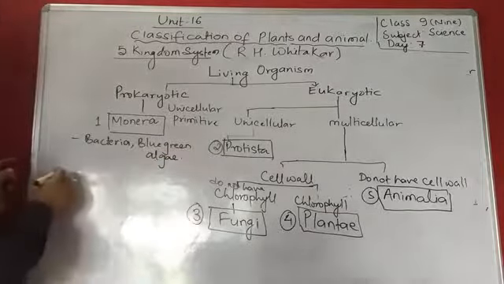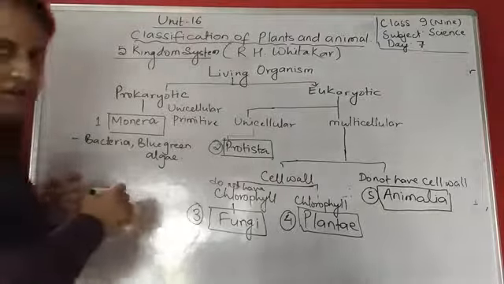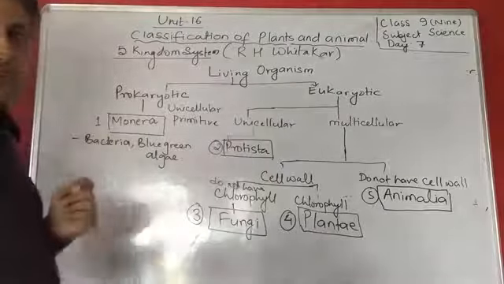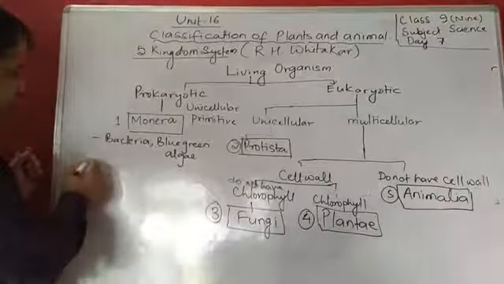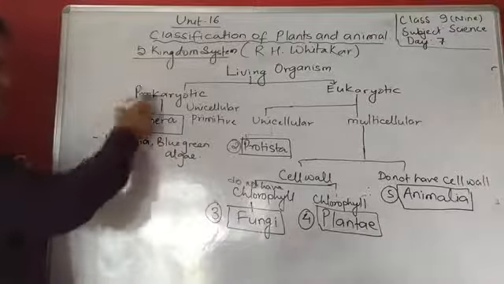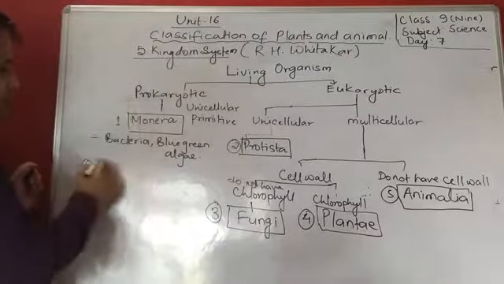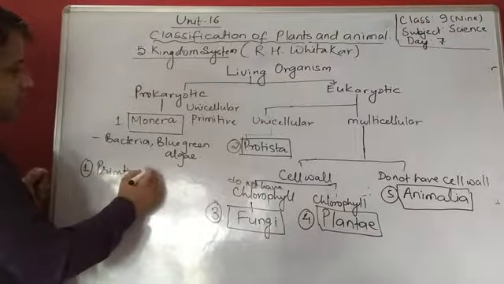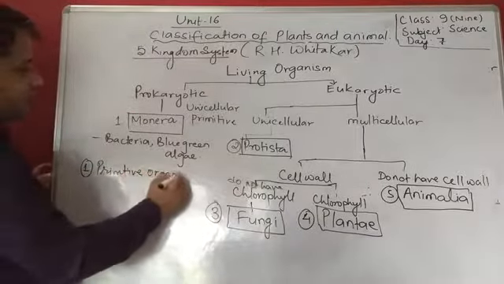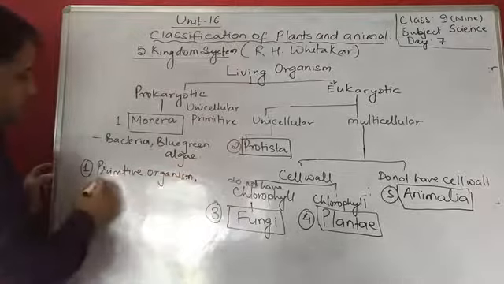Okay, let's study the characteristics of organisms which belong to this group. The first characteristic, by the name itself, we have already said, is that they are primitive type of cells. They are primitive organisms and unicellular.